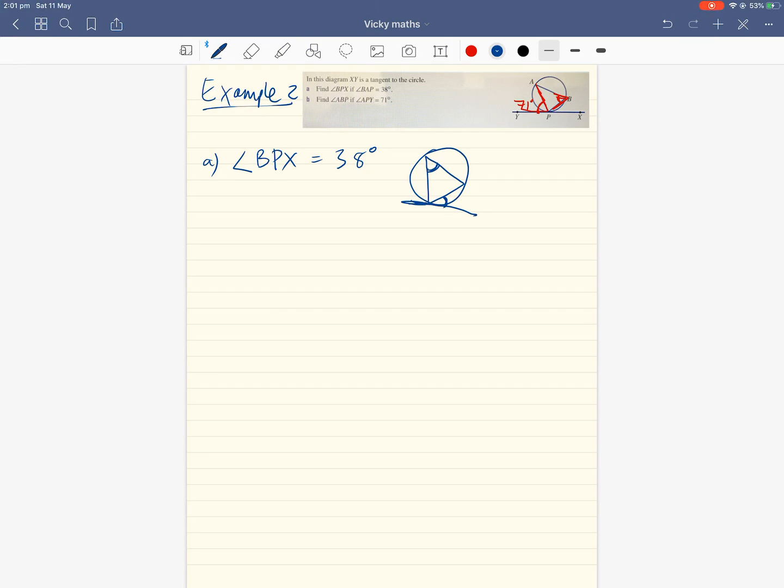The external angle has the same angle as the interior angle. So we can write that angle ABP is also 71 degrees. Why? Because of the alternate angle theorem. So just draw a miniature version of your diagram. So you have a triangle, tangent, external angle must be the same angle as the internal alternate angle.